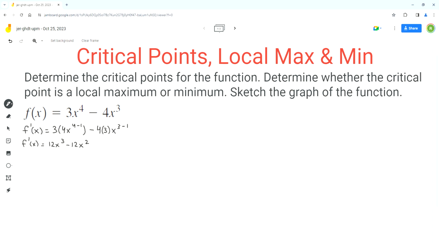Now we have to find the x values at which f prime of x will be equal to 0 or undefined. f prime of x is a polynomial expression, so there are no x values that will make this expression undefined. So we just have to find the x values that will make f prime of x equal to 0. So we'll substitute the left side as 0 and then solve for x.